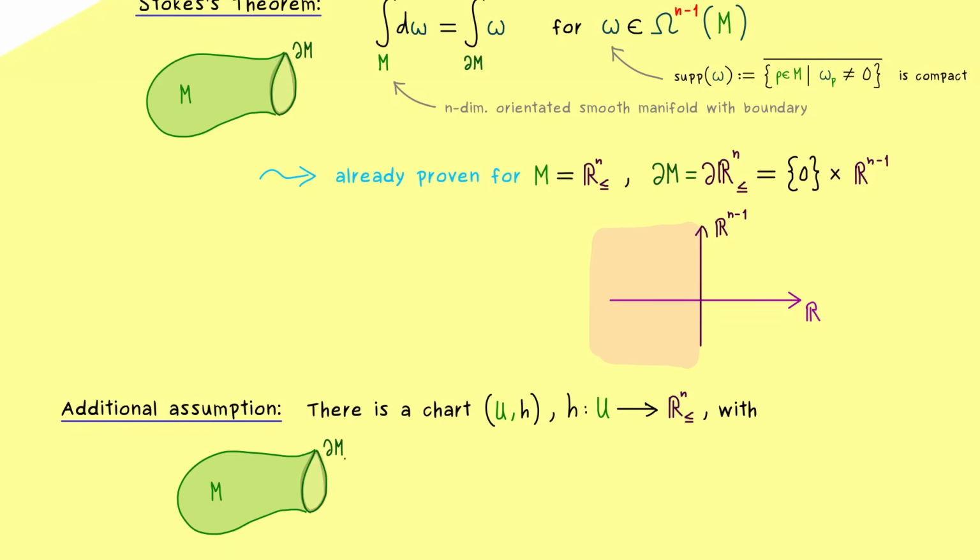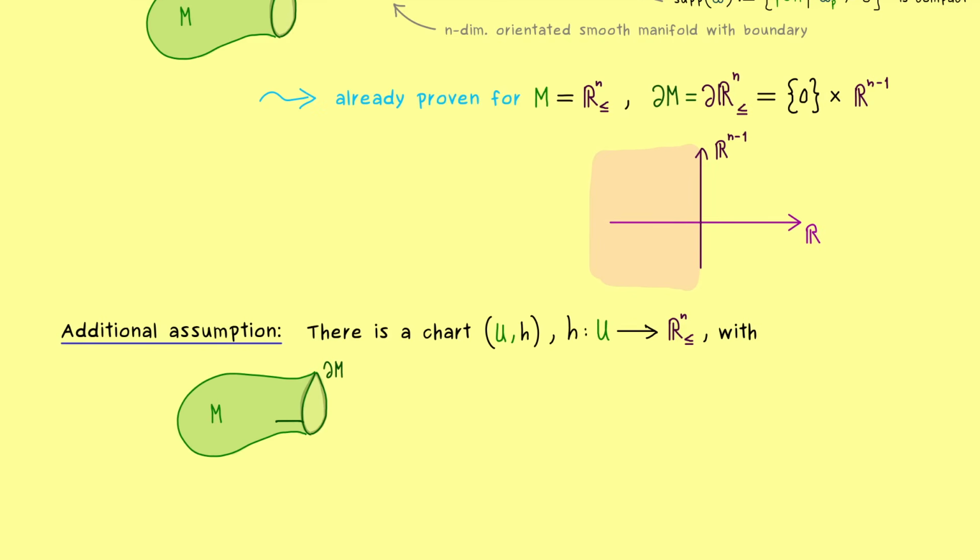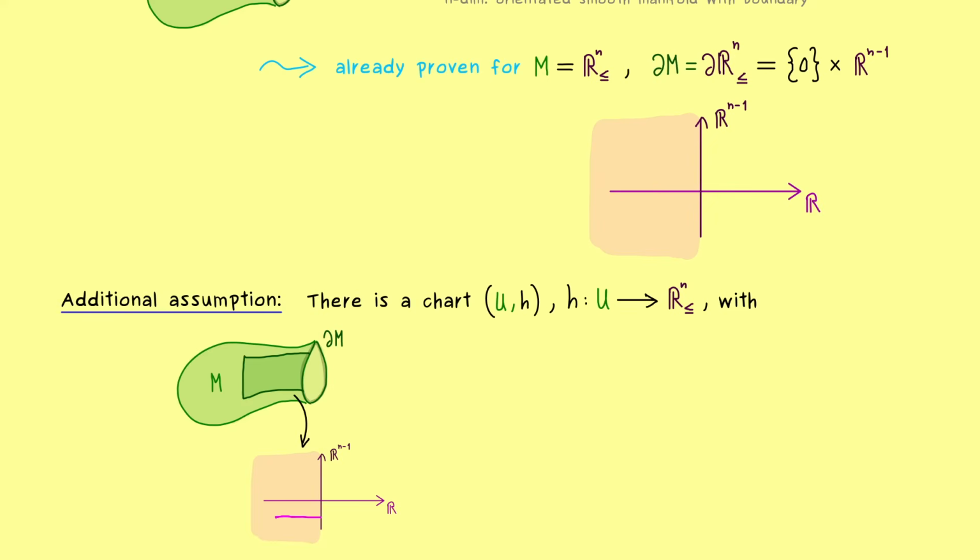So by using the picture from above, here we can find our set U. Therefore, we map this to the half space, and the part of the boundary here is also mapped to the boundary of the half space. So you could say that we simply find a suitable U' here on the lower level. And as already mentioned, the part of the boundary we have here is now mapped to the lower level as well. Indeed, this is what we already know. This is how a chart with boundary works.